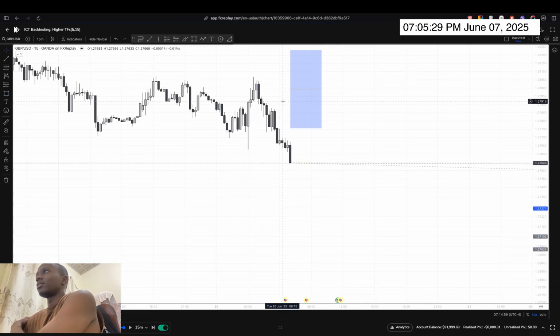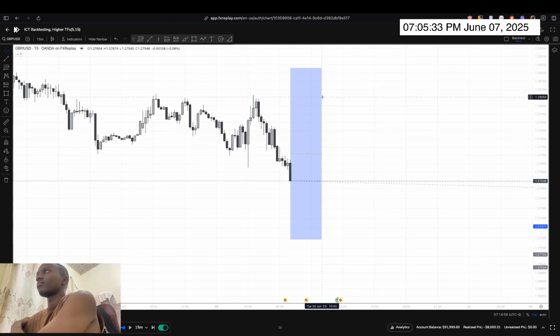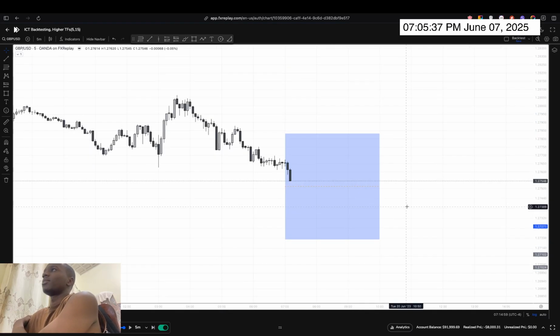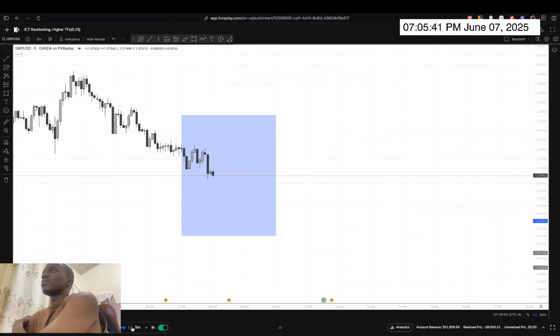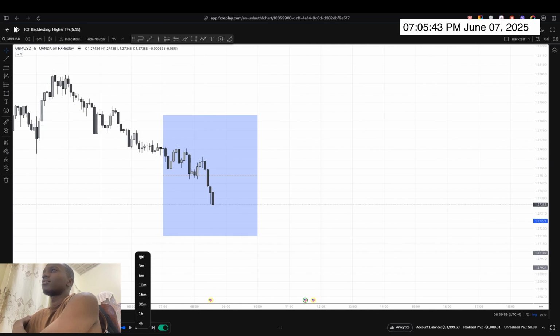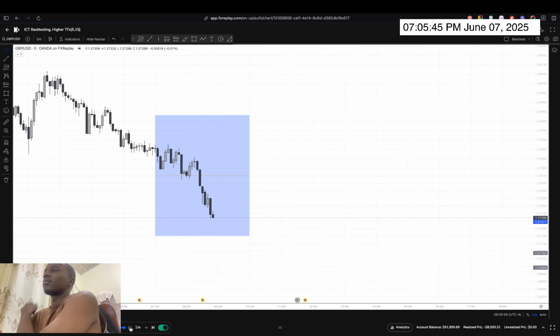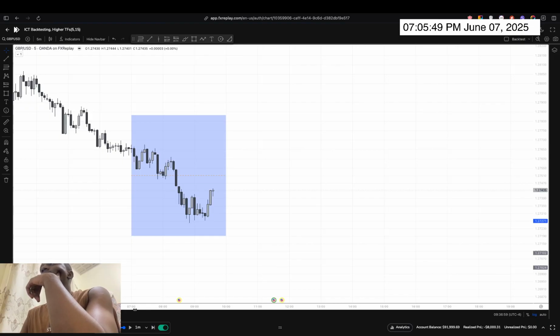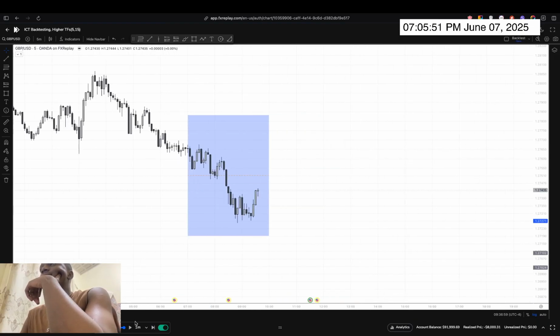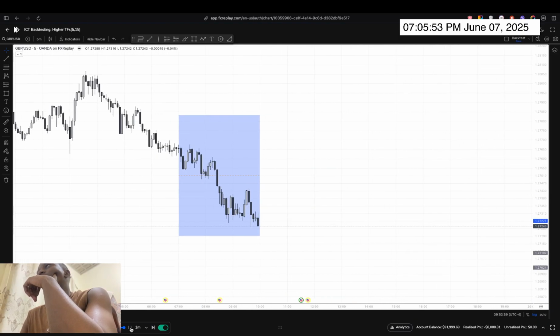So what happens here? Let's see, I think I'll be using the 5-minute time frame, and let's play this and see. Maybe we'd see some kind of pattern to trade these kill zones. This kill zone, I mean.